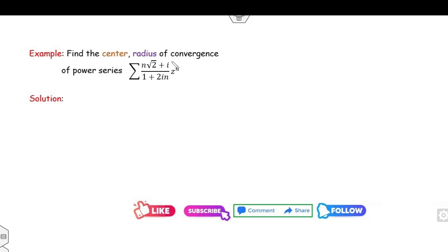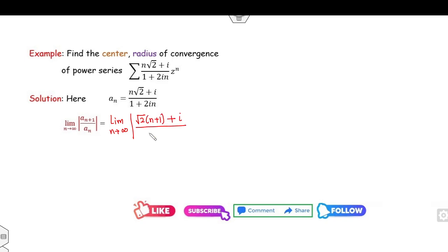Look at this next one. This is the value of my a_n, so I can start with a_(n+1) over a_n. Can you find the value of a_(n+1)? So it will be root of 2(n+1) plus i divided by 1 plus 2i(n+1), into 1 plus 2i n over root 2n plus i.